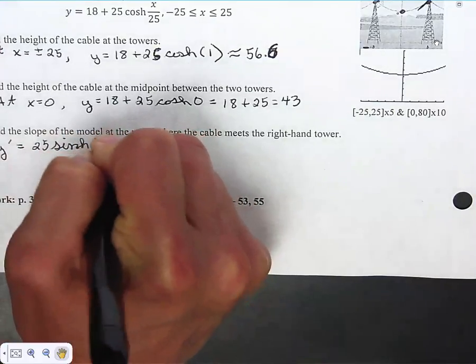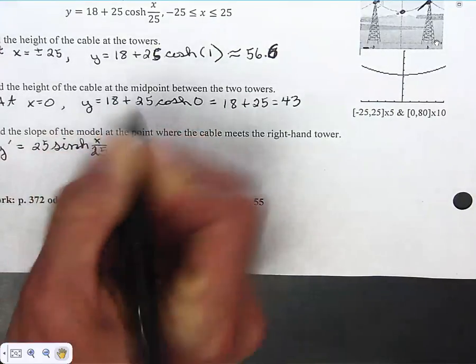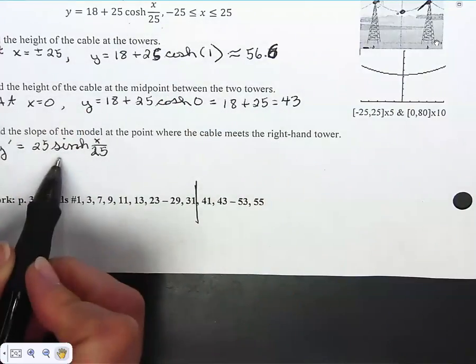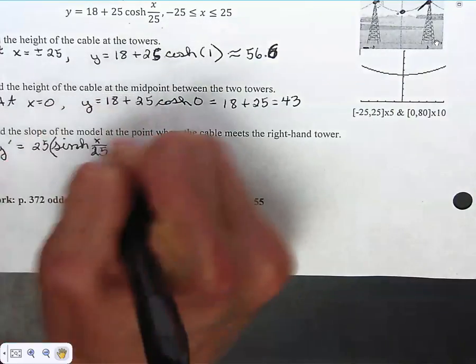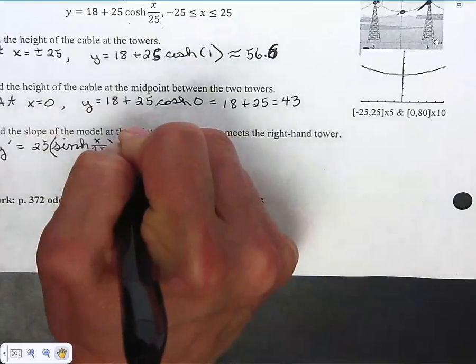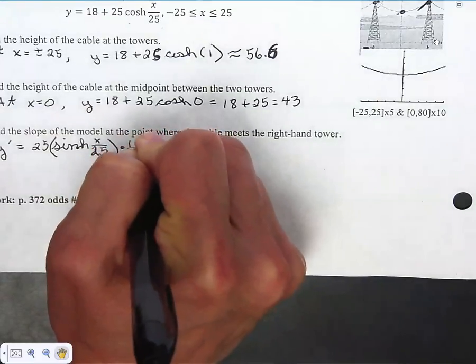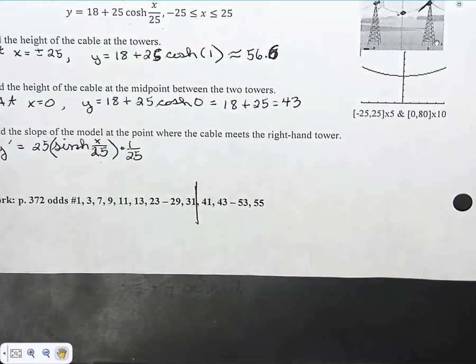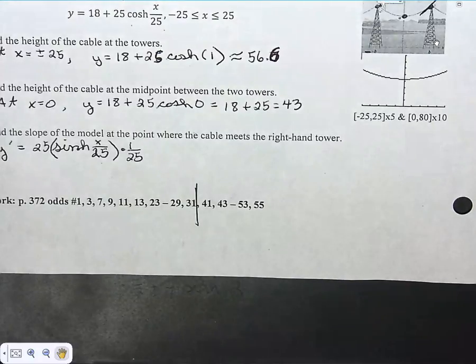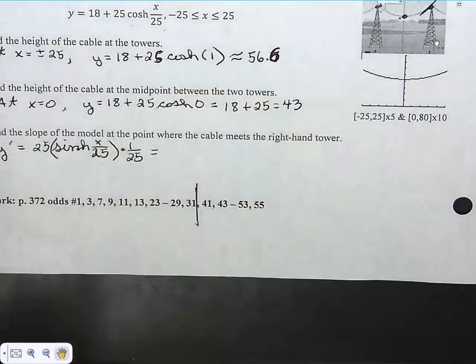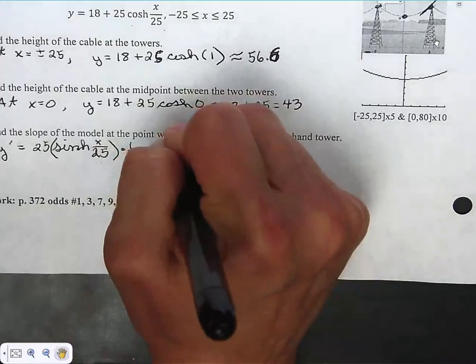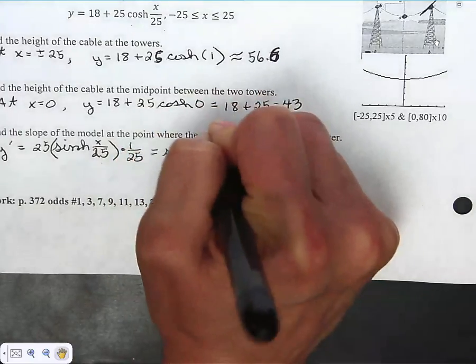The derivative of cosh u is sinh u du. And that is just sinh x over 25.